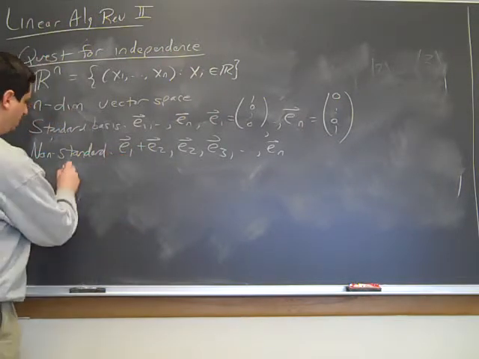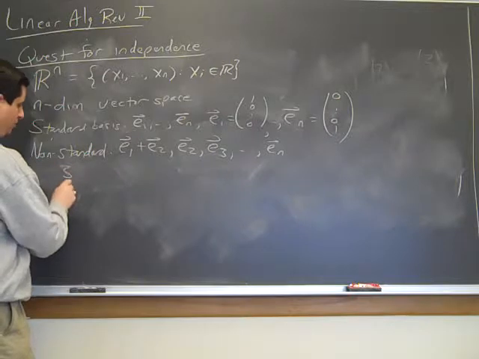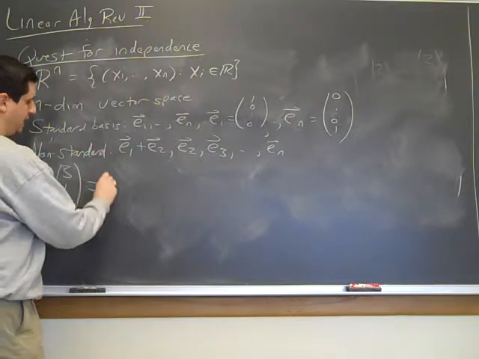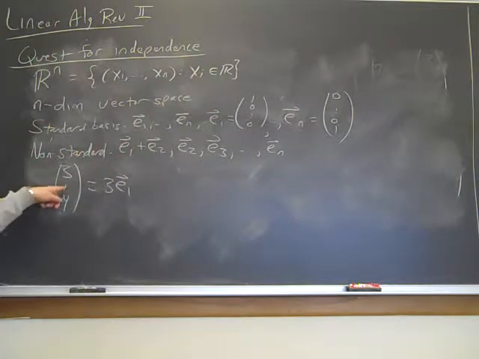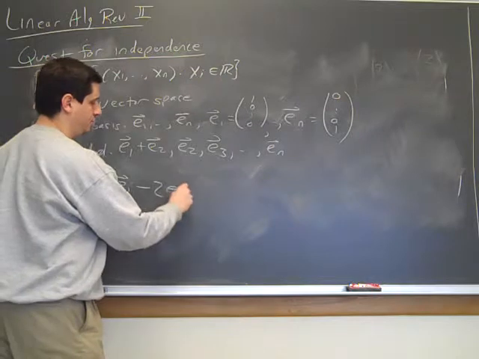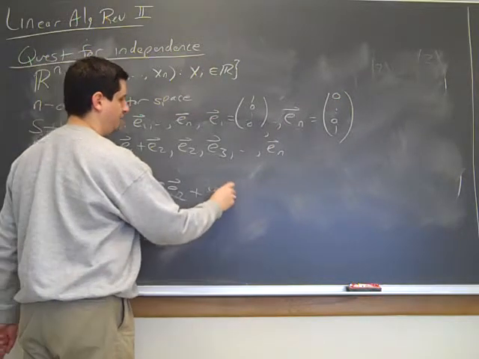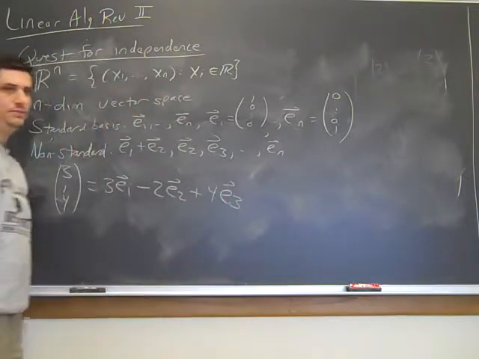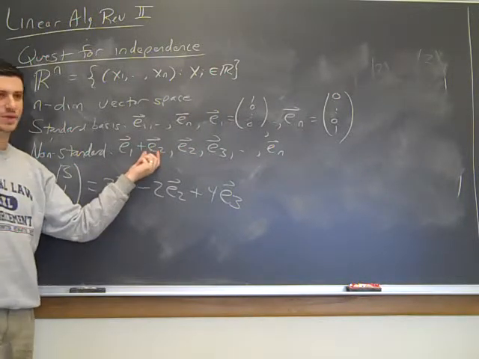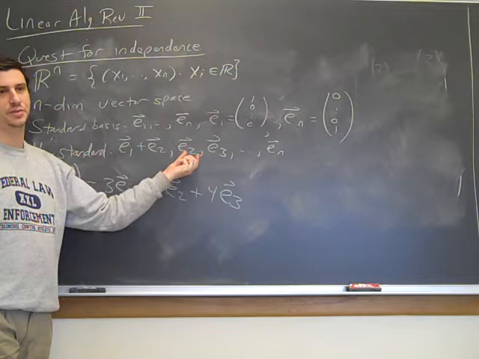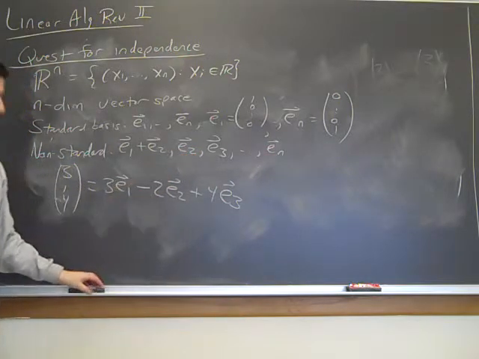So for instance, now if I want to write 314, I have to have 3 E1s. But now that gives me a 3 over here. I only wanted a 1, so I'm going to have to subtract off 2 E2s, and then have 4 E3s. And so I can just correct for the extra copies of E2 I get from here by just jiggling this a little bit.